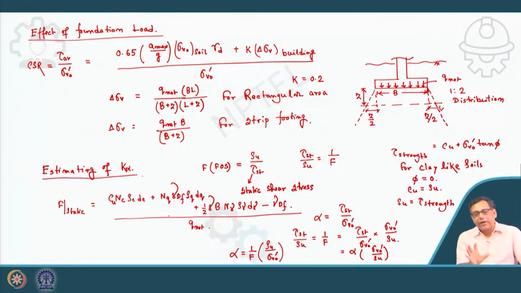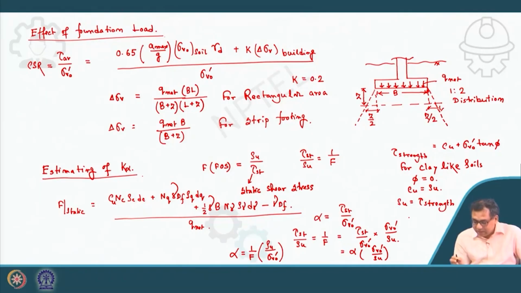We will get the factor of safety of the soil. That factor of safety I will use here. Now this technique I have discussed for clay-like soil can be used for sand-like soil during liquefaction check. So in that case, this is for your clay-like soil.